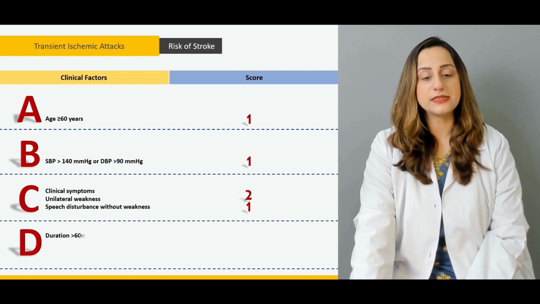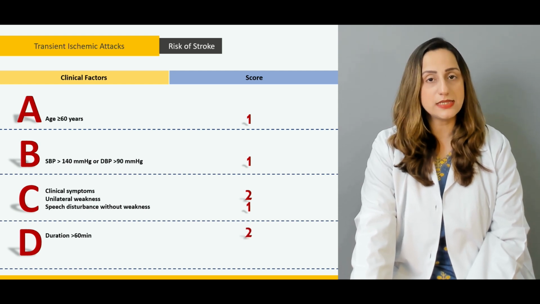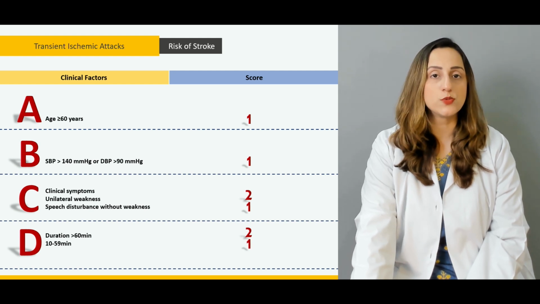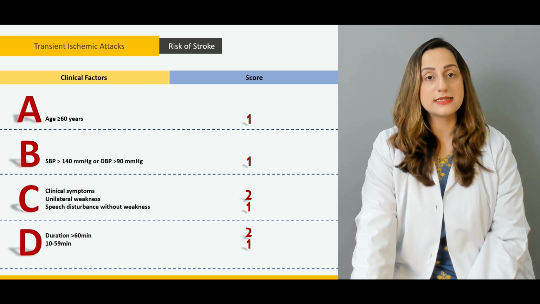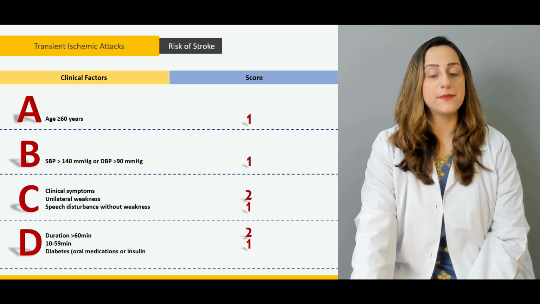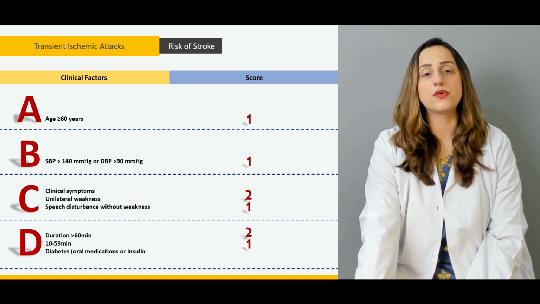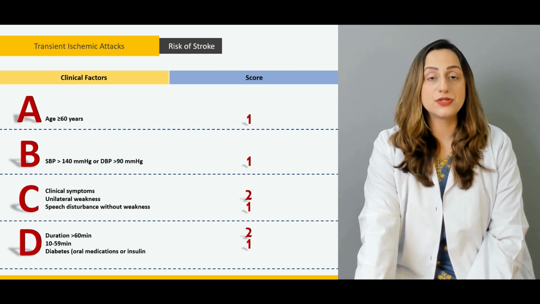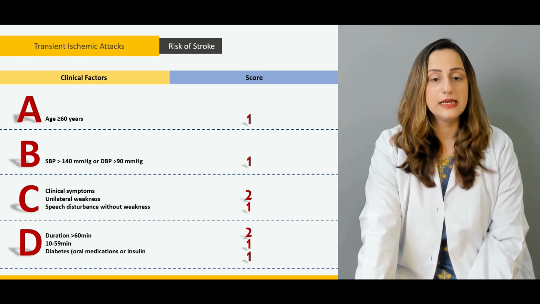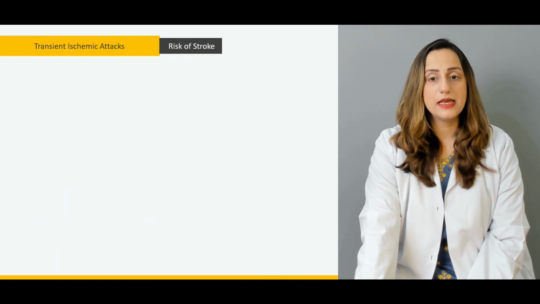For the duration, more than 60 minutes is going to give 2 points. And then we have 10 to 59 minutes, which is almost an hour. If the symptoms last this much time, that is going to give a single point to the final scoring system. If the patient is diabetic, on oral medications, or has been administered subcutaneous insulin, that is going to add a single point to the final score.